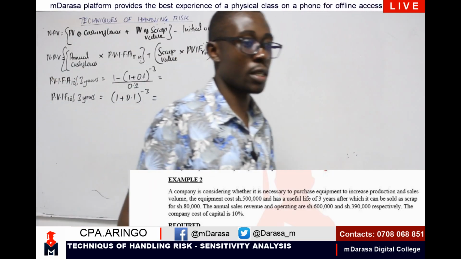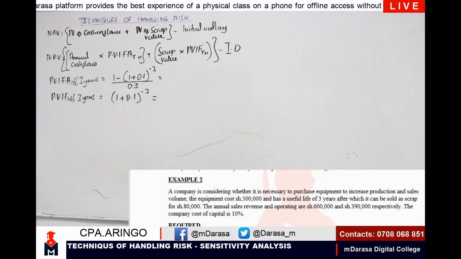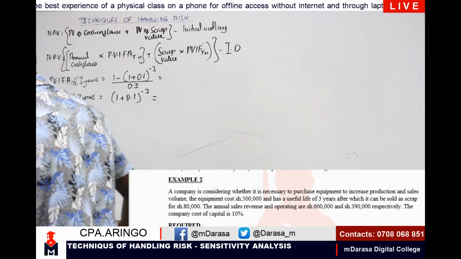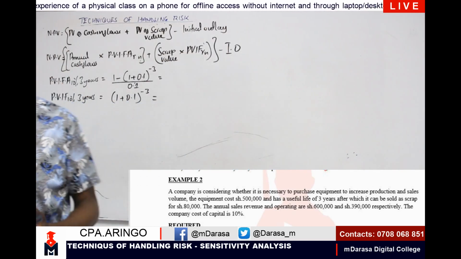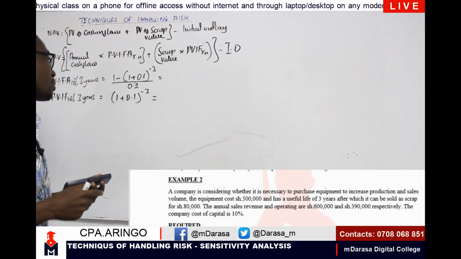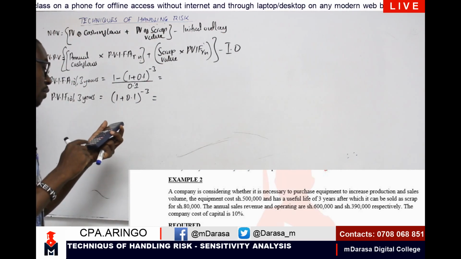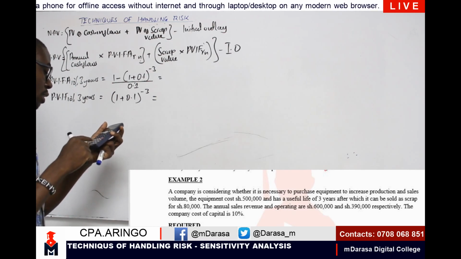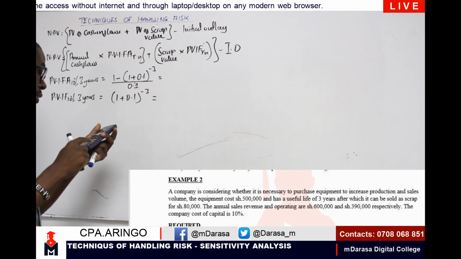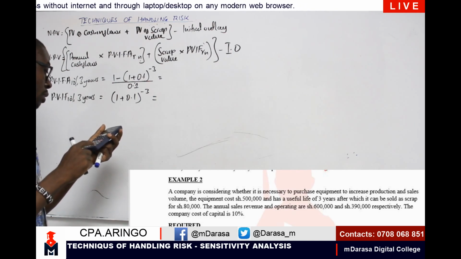Let us determine those factors first of all, or you can still use your table. The annuity table and lump sum table. So the first case, I'm having 1.1 raised to negative 3. 1 minus answer, divide by 0.1.